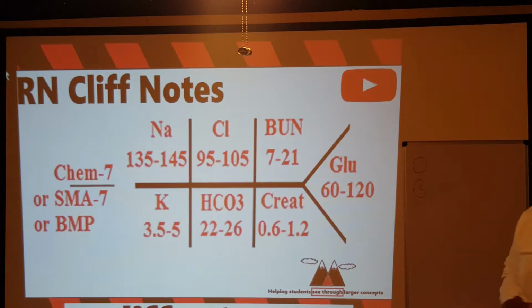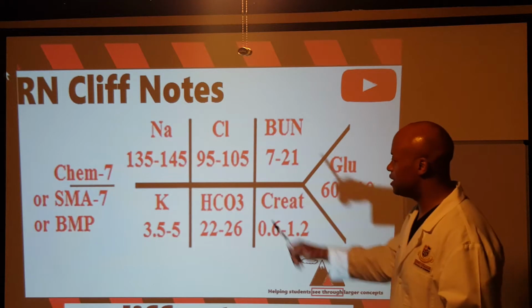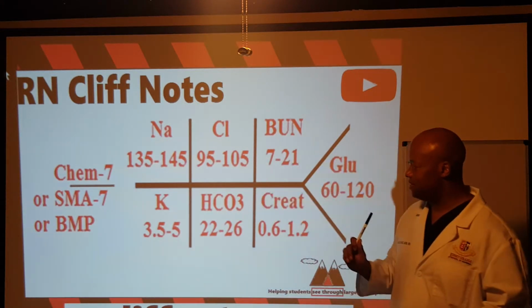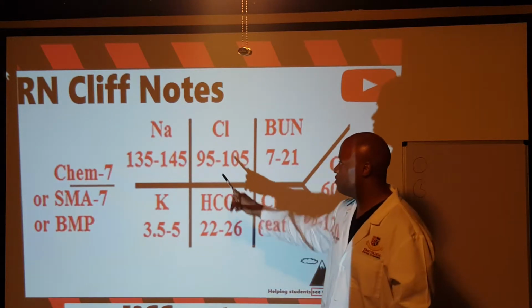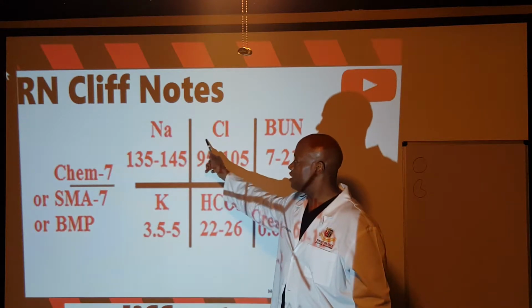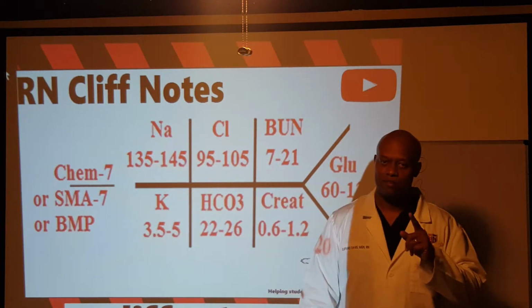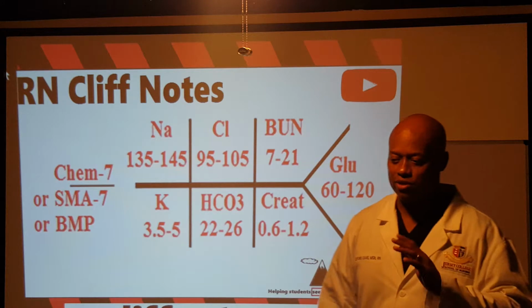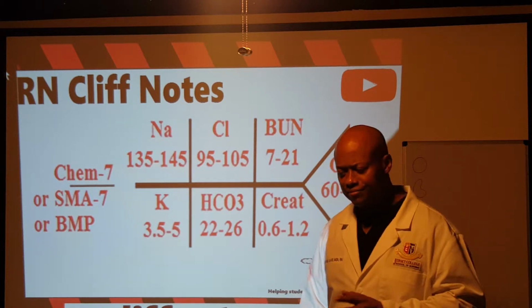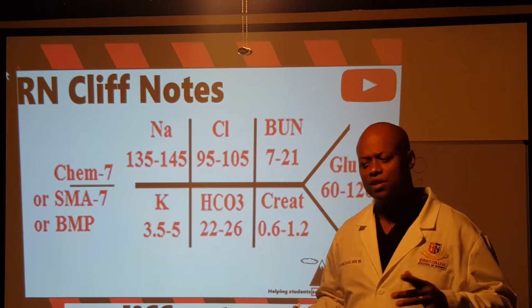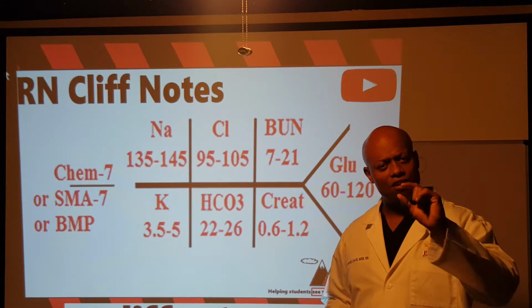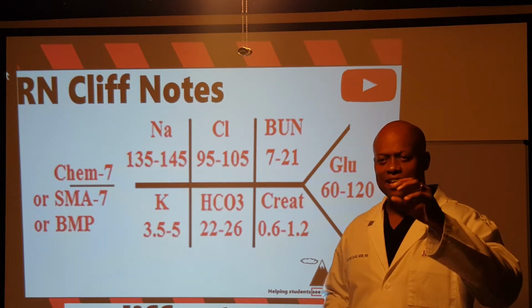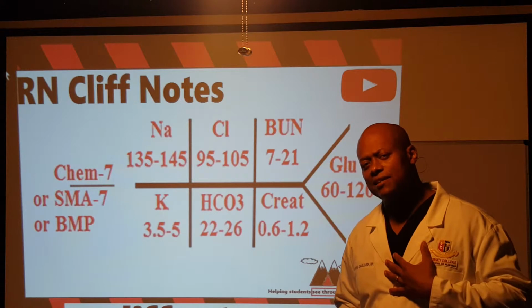Now, let's get a little deeper into the values. And here we go. So we remembered that it was the Chem 7, and we've got sodium and chloride here. Now, we want to make sure that you set this up right. With each of these fish bones, you'll find that they always start out with something that would jog your memory about how to set this up.